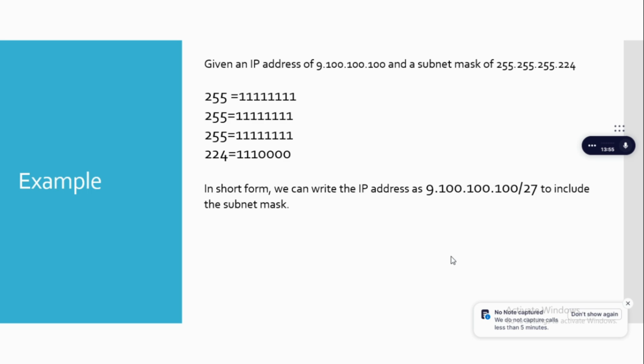Because we have 255, which is equal to 8 ones, the next octet, which is equal to 8 ones, the third octet, which is equal to 8 ones, plus the three ones in the fourth octet. That gives us a total of 27 ones. That is why it is slash 27. So that gives us a total of 16 possible host IDs that can be used in this example.